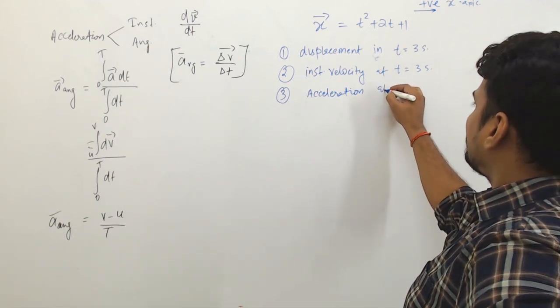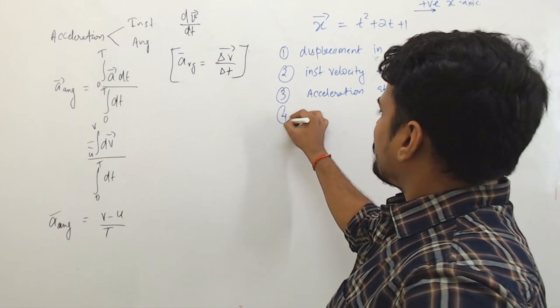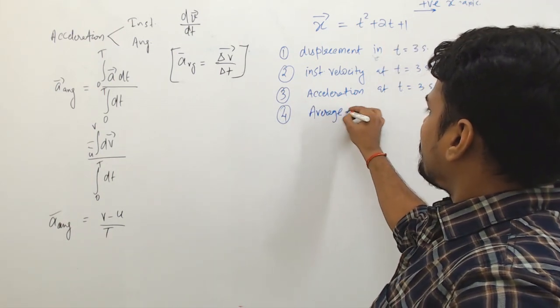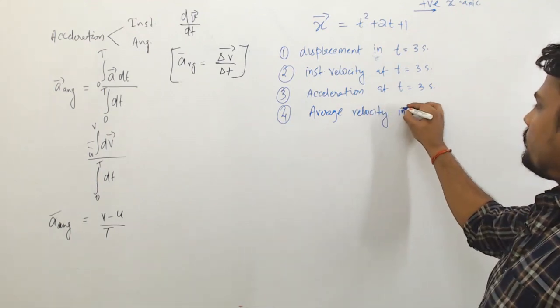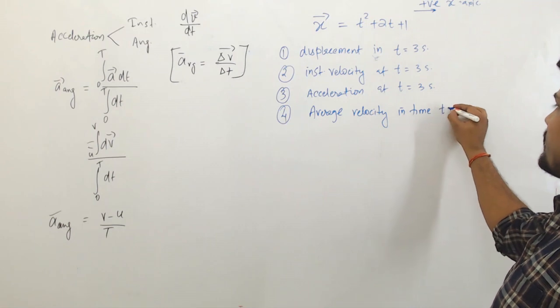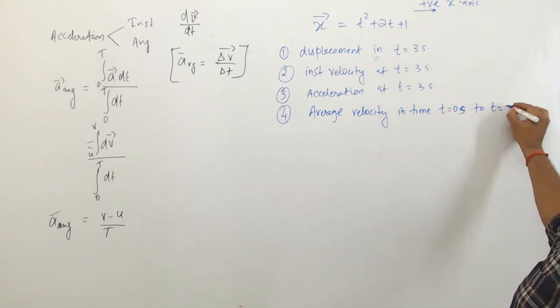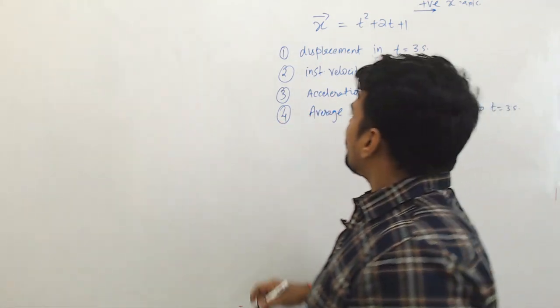Acceleration at time t is equals to 3 seconds, or what else you can find is the average velocity in time t is equals to 0 seconds to t is equals to, let's say, 3 seconds. चलो इसको देखते हैं अभी.